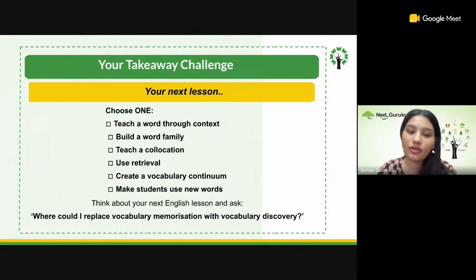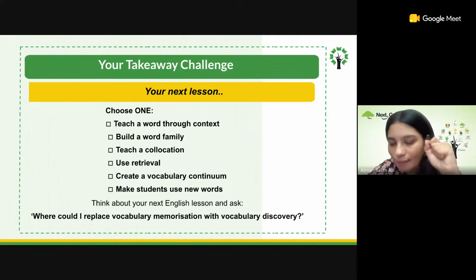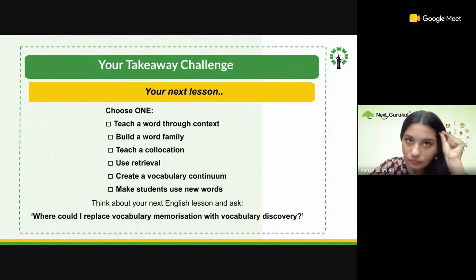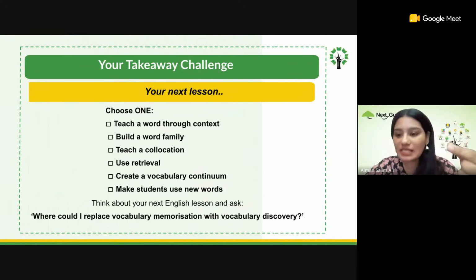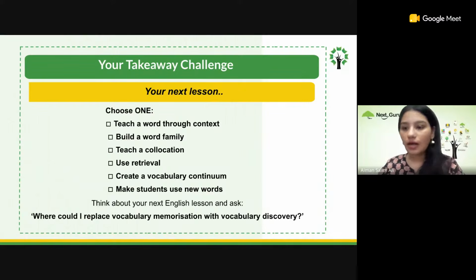While you are also planning your next English lesson, this is a question I want you to think about constantly when you're planning: where could I replace vocabulary memorization with vocabulary discovery? It's not always necessary that we make our prose and poems the only source of vocabulary learning.